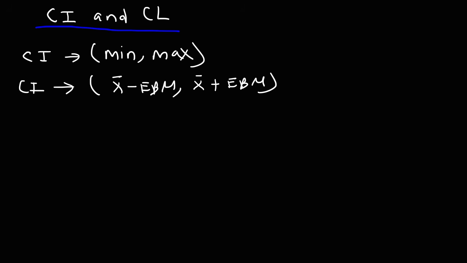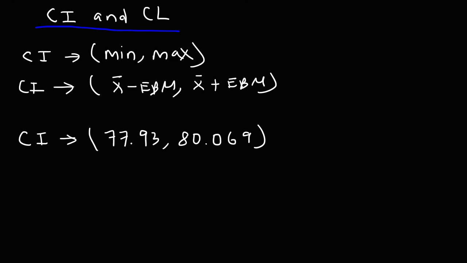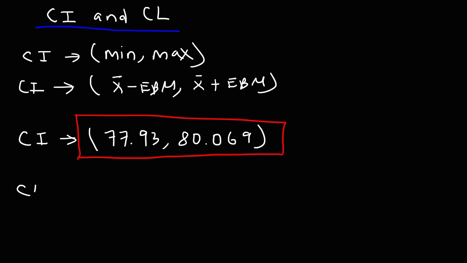The confidence level is the area under the curve in which we expect the population mean to be located. So in the last example, we saw that the confidence interval varied from approximately 77.93 to 80.069. That's the confidence interval. It's a range of values. The confidence level gives us the area under the curve.